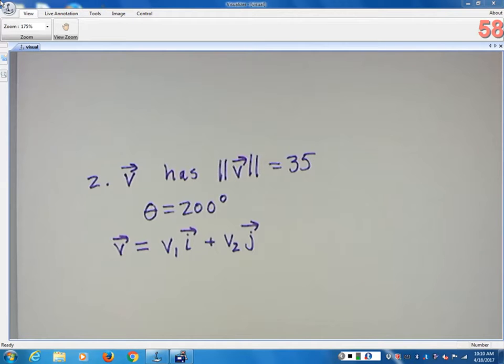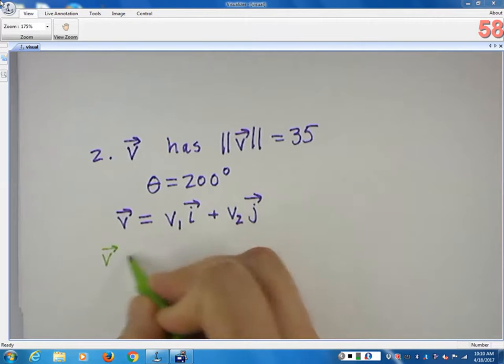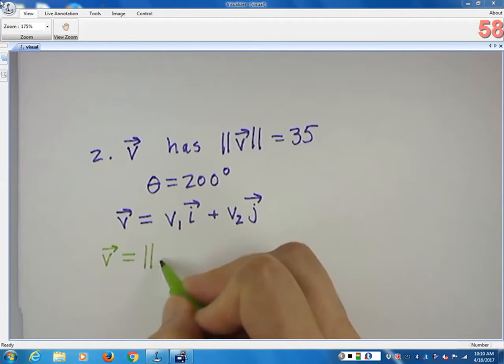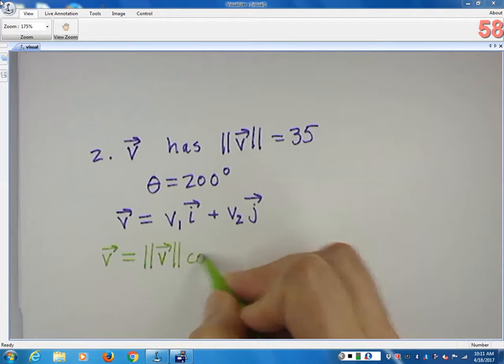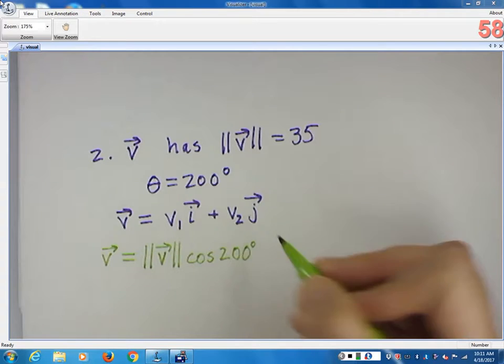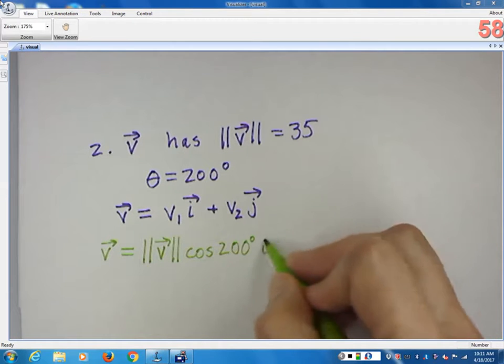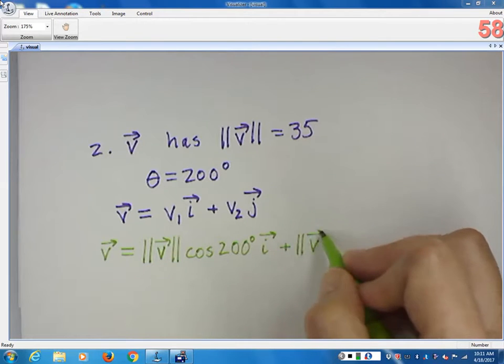So I'll write the formula down. The magnitude of v times cosine theta, 200, plus the magnitude of v times sine.